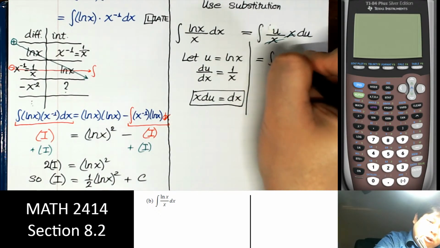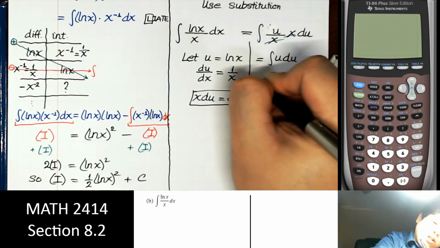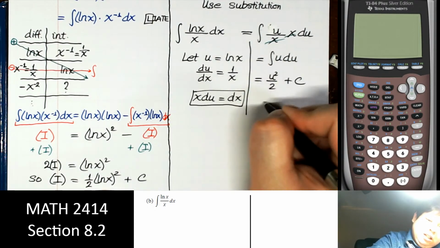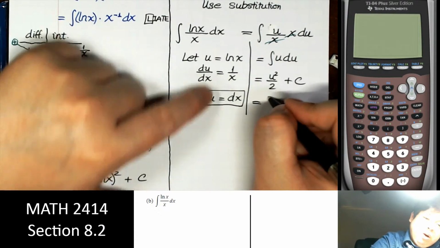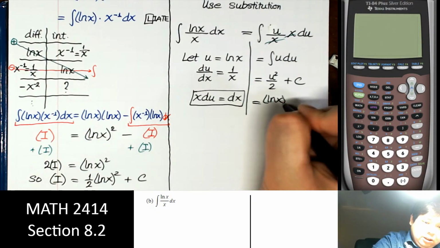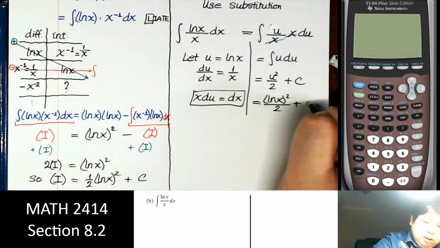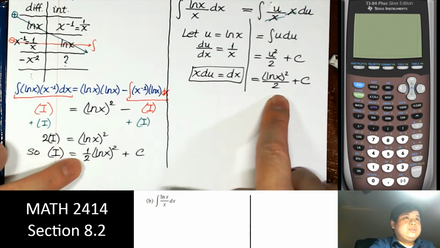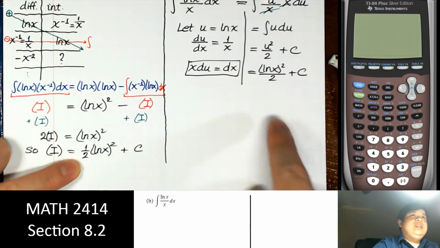We have the integral of u du, which is u squared over 2 plus c, and u is ln of x, so we have the same thing. Right, this one and this one.